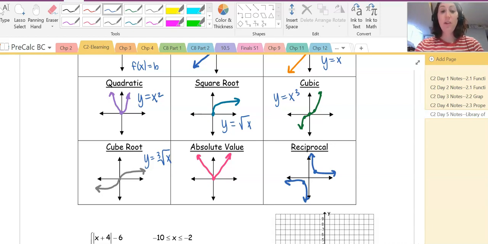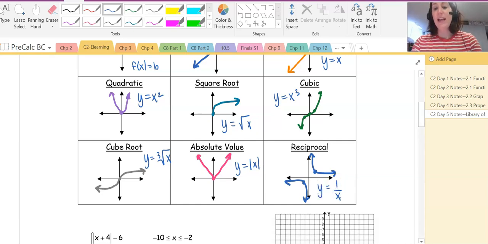Absolute value looks like this. And then finally, I mentioned this in another lesson, the reciprocal function. The reciprocal function is y equals 1 over x. And this is one of the examples of a function that is an odd function that does not pass through the origin. It is symmetrical over the origin while not passing through the origin. So that's kind of a special case for that.